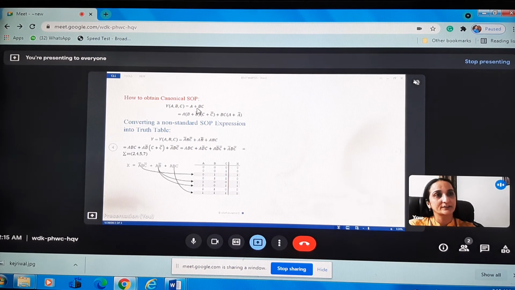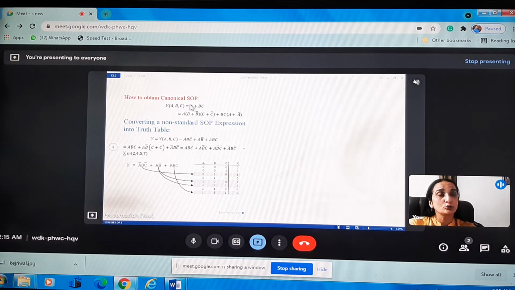So here we can see that there are 2 missing variables in this first product term. So we can multiply it by the sum of a missing variable and its complement, B plus B bar. Again we will multiply it by the sum of another missing variable and its complement.